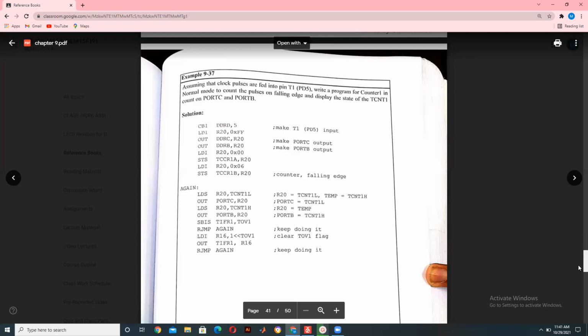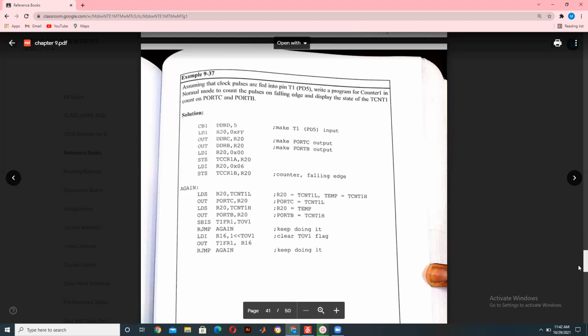After that we have made an again function, and then LDS R20 from TCNT1L, that is temporary also, and then output port C is R20. So the R20 value is output to port C, taken from TCNT1L. Then LDS we declare its value from TCNT1H, that is temporary.